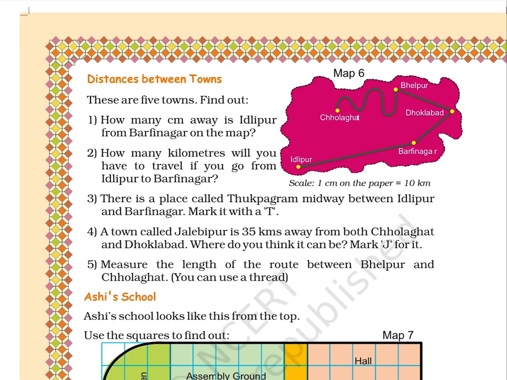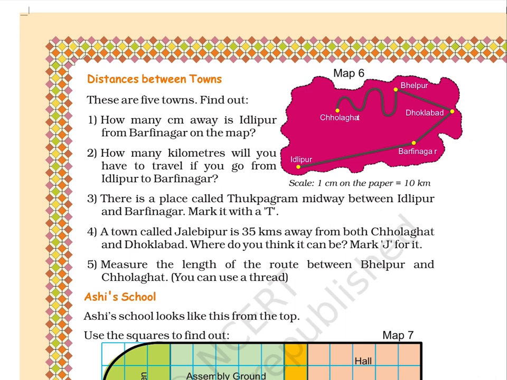Find out 1. How many centimeters away is Idlipur from Barfinagar on the map? 2. How many kilometers will you have to travel if you go from Idlipur to Barfinagar? 3. There is a place called Thukpagram midway between Idlipur and Barfinagar. Mark it with a T.